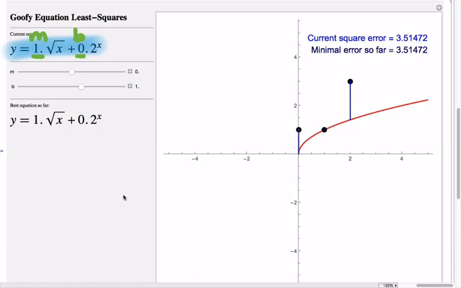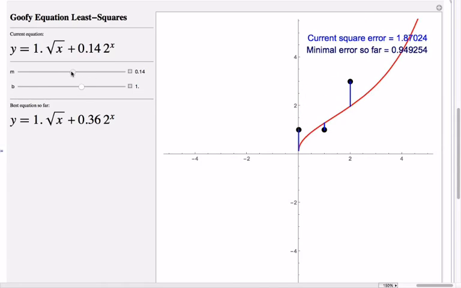So what this little applet is going to allow you to do is to just play around with those parameters. So right now, m is equal to 1, m is equal to 0, b is equal to 1. So if I play around with those by dragging these sliders, I'm going to get my graph to change. So here I'm playing with the coefficient of 2 to the x.